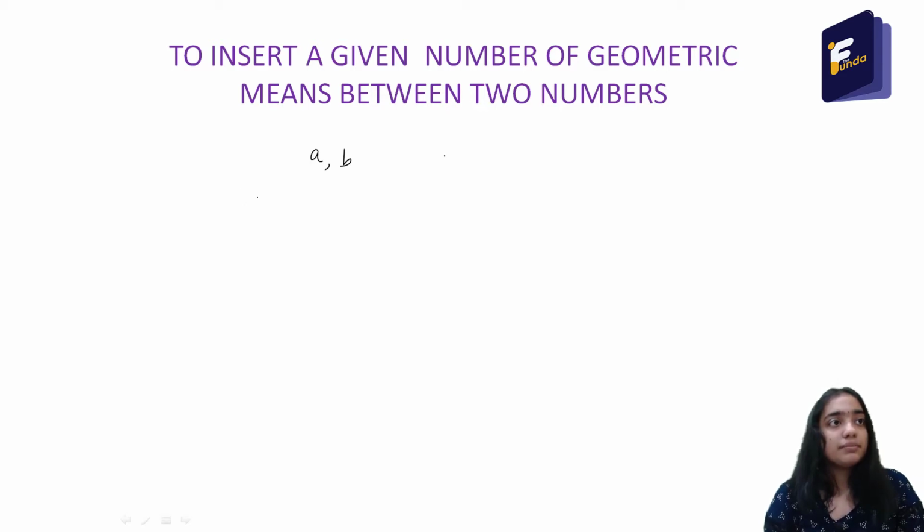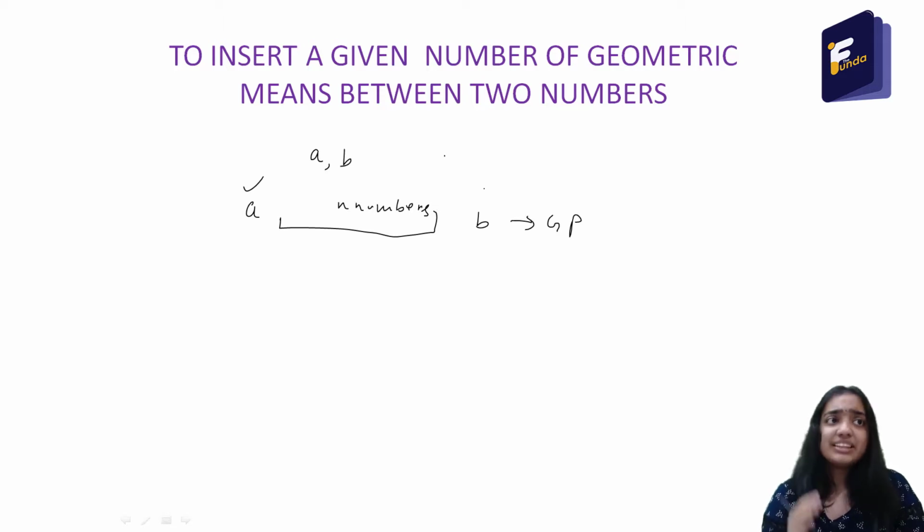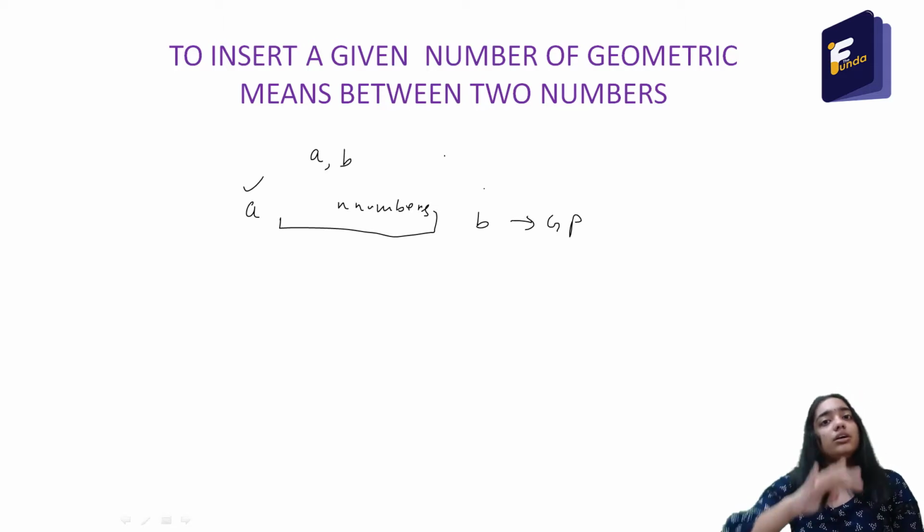So what does that mean? If a and b are two numbers, then we are going to insert n numbers such that a, the n numbers, and b, all these are in geometric progression, a GP. That is the meaning of inserting n number of geometric means between two numbers.